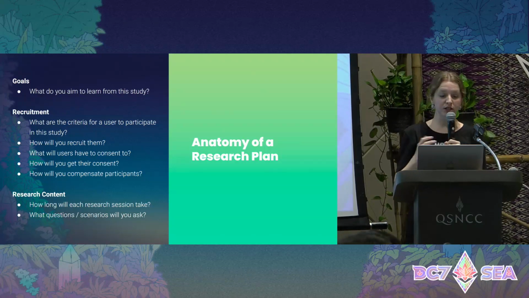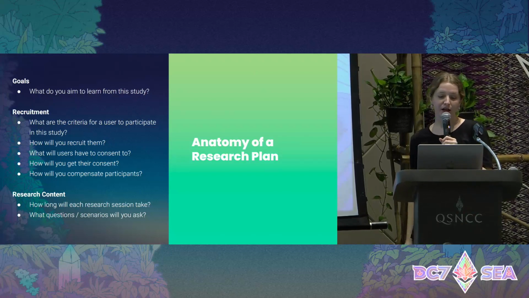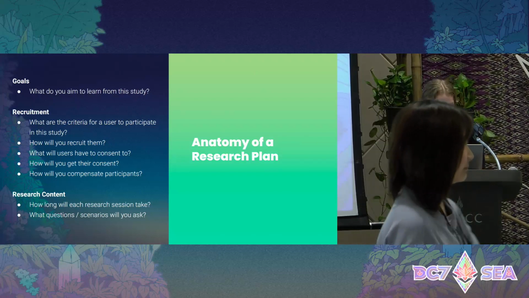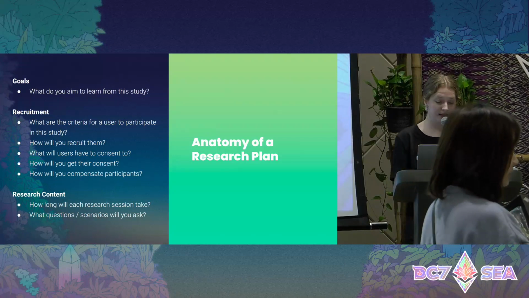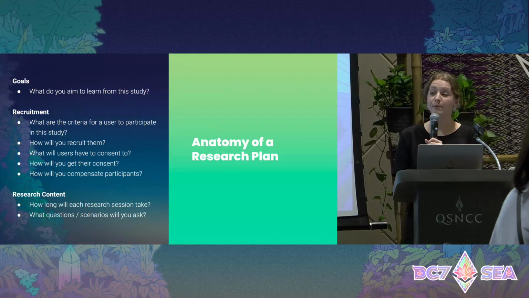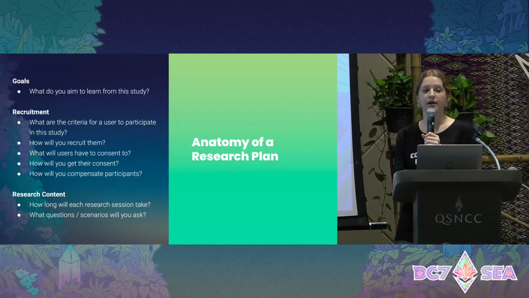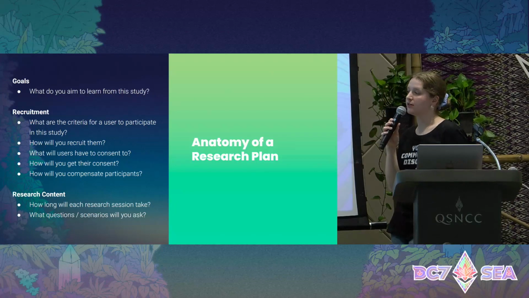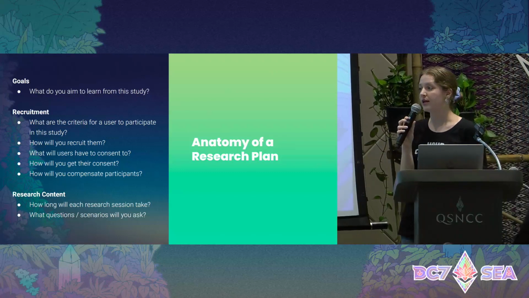So what are your typical goals? What are the criteria? How will you recruit users? What will you have users consent to? How will you get their consent? How will you compensate the participants? Again, very important. And then as well to plan out the research interviews. And Christina and I will be walking around as you get to work and answering your questions during this process.